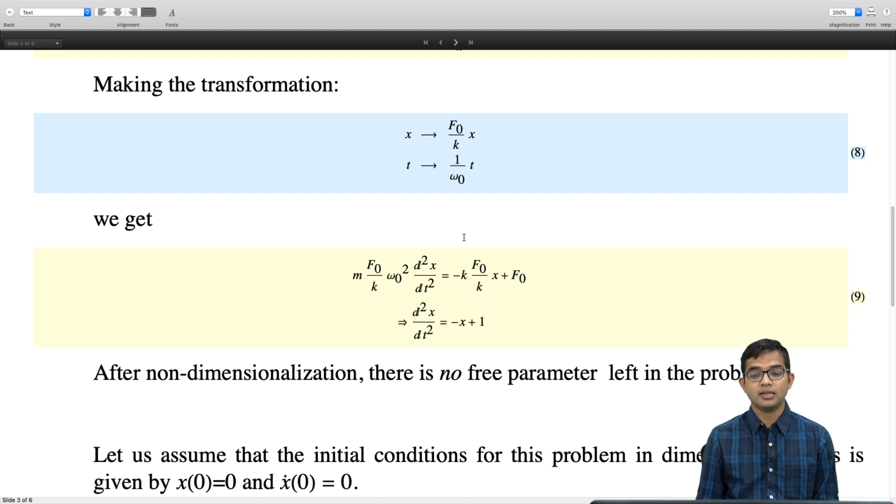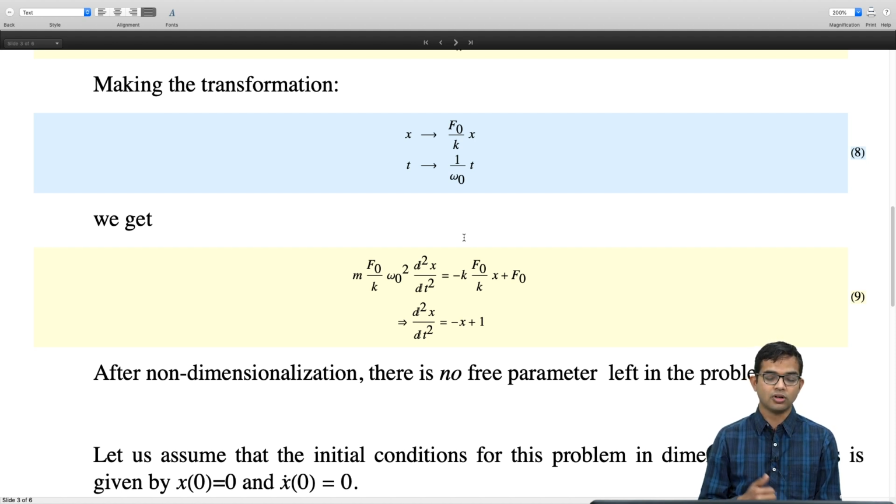If you had the problem where there was no external force, then this would not be an interesting initial condition to start with. Why is that? Can you go back and check and answer for yourself why this would not be an interesting initial condition to consider if F naught were 0? Answer this question yourself.